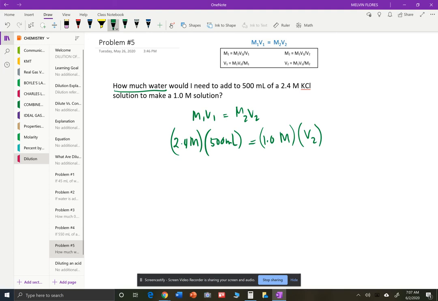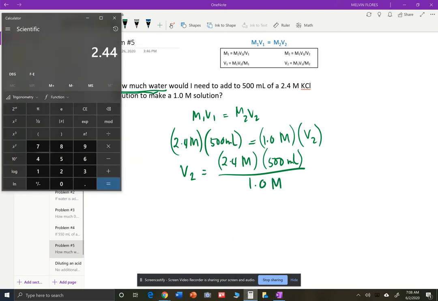Okay, so remember, this is how much water, it's not how much volume of the solution. So first, before we determine the amount of water, we need to make sure we know the final volume of the solution. So we have V2 equals 2.4 molarity times 500 ml, then divided by 1.0 molarity.